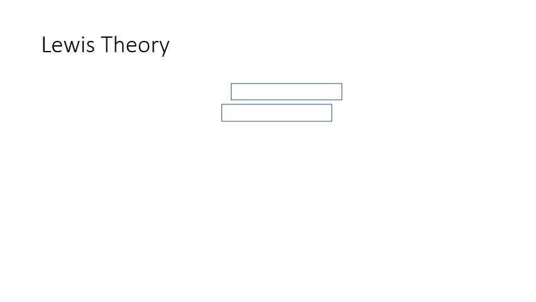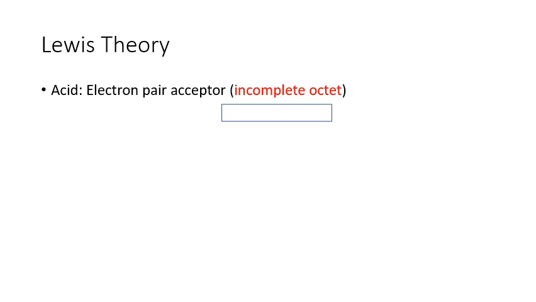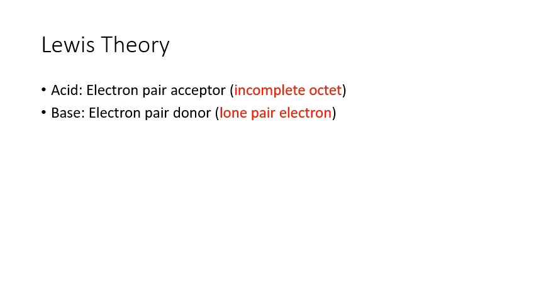According to Lewis theory, an acid is an electron pair acceptor. Generally, when we look at the Lewis structure for a Lewis acid, it shows an incomplete octet. The other way, a base is an electron pair donor. So basically, this base always shows a lone pair of electrons. Let's look at this equation. BF3 reacts with NH3 to produce BF3NH3.